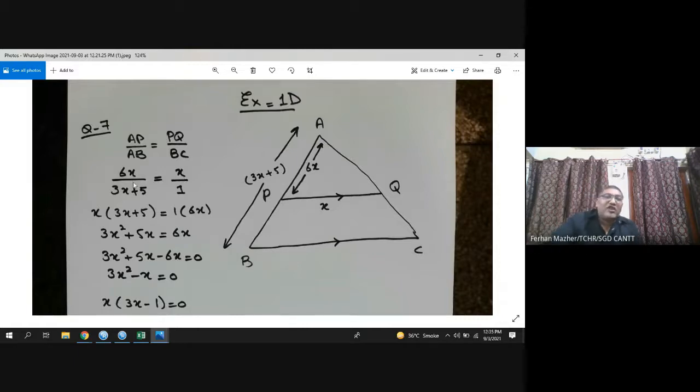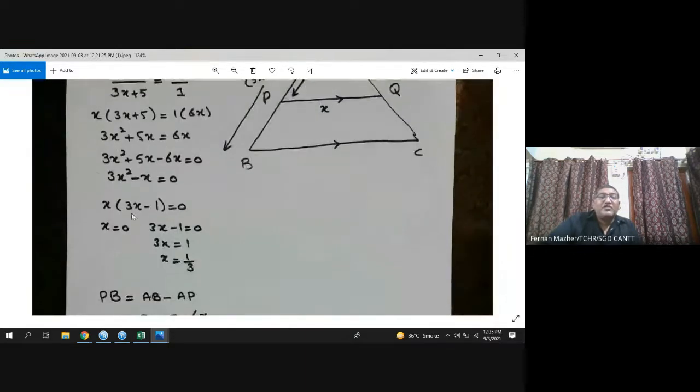When you cross multiply, this x will multiply with the 3x plus 5, and this 6x will multiply with 1. When x multiplies with the bracket, it multiplies with both terms. So you will have 3x squared plus 5x equals 6x. Then I will bring this 6x to the left side.